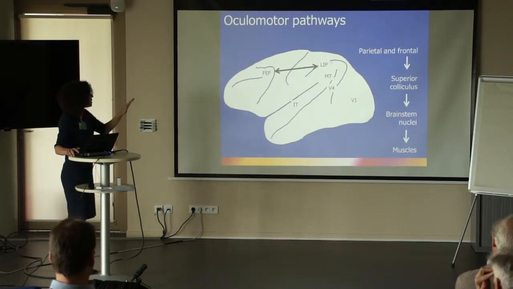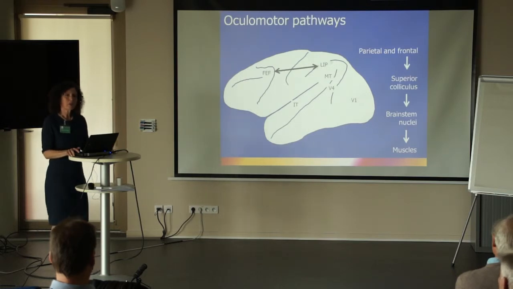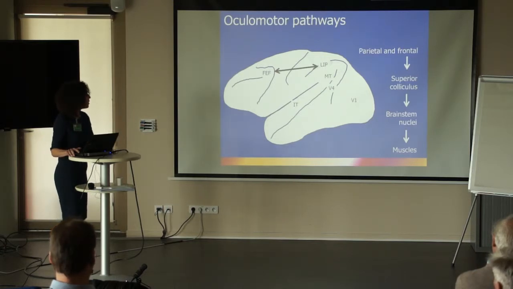So areas LIP and FEF are particularly interesting because we think that they make the decision about where to make the next eye movement. They select stimuli for the next eye movement. Here we worked primarily in LIP.